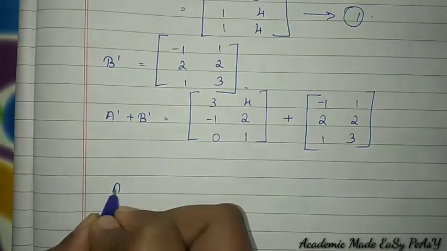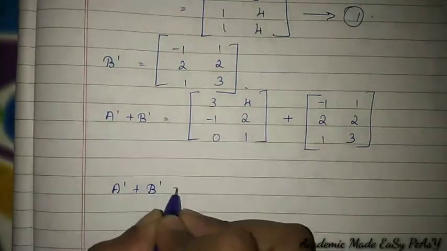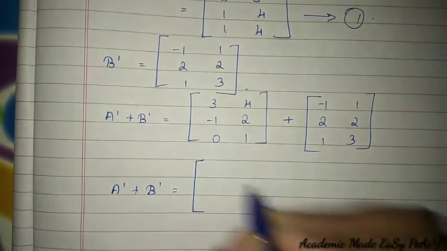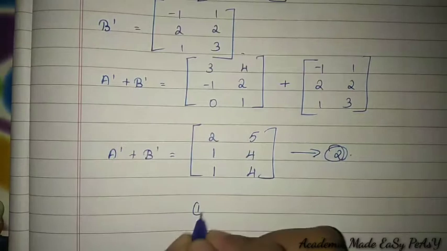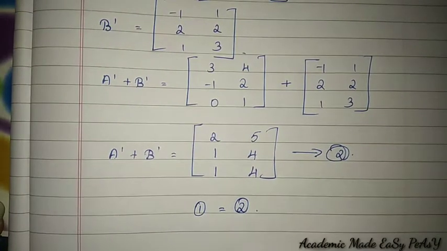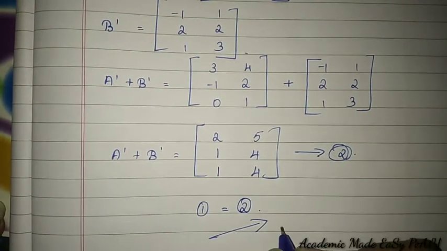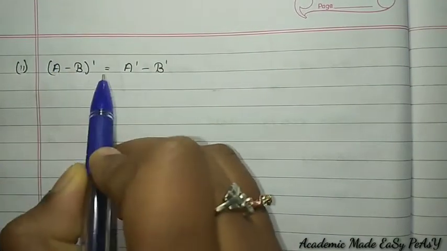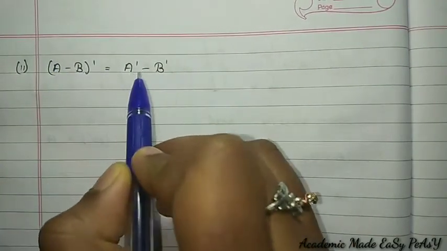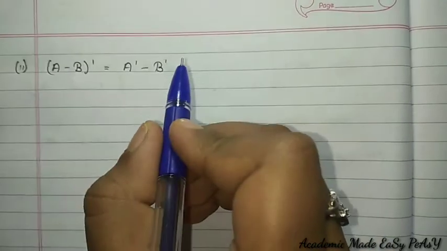So therefore A transpose plus B transpose is equal to. This is equation 2. Equation 1 is equal to equation 2. Hence, this is verified.